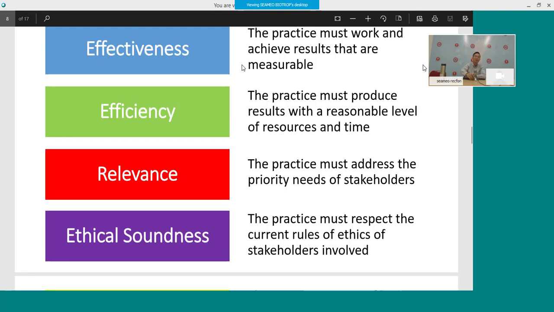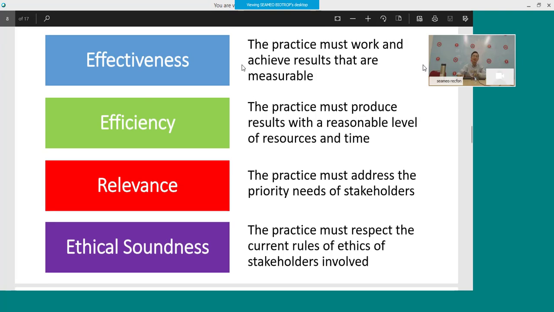Okay. Effectiveness means that your practice must work and achieve results that can be measured. So when you say that your practice is effective because you can measure the result, like how many kilos you have harvested because you practice this, okay?